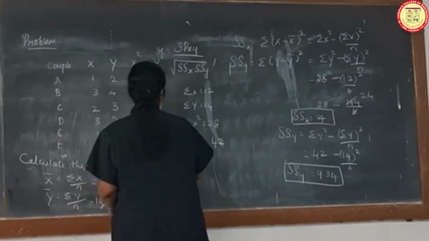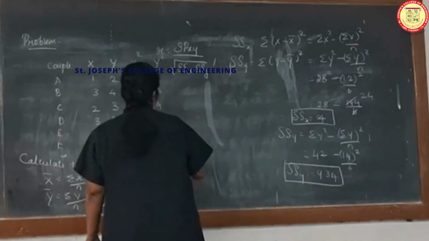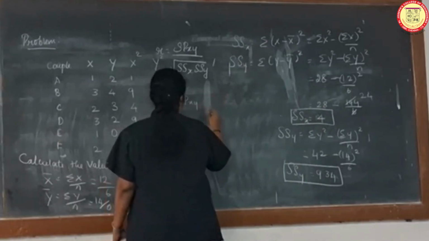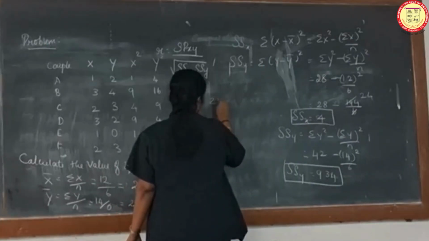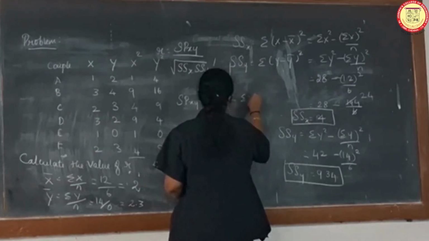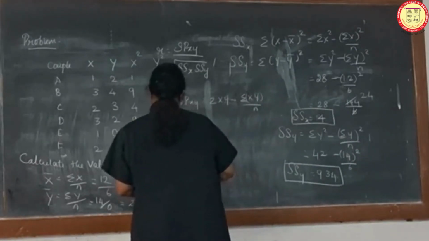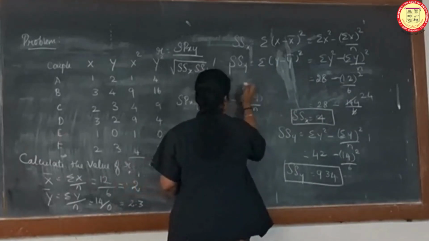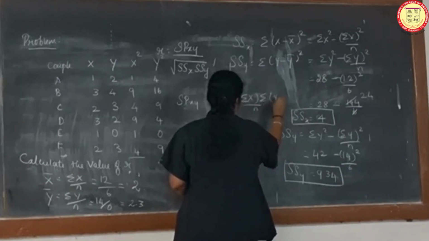Now you have to calculate the numerator value, that is the sum of products, SPXY. What is the formula for SPXY? Summation xy minus summation x into summation y divided by n.